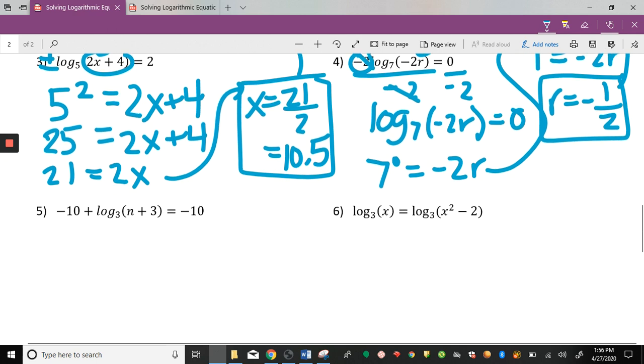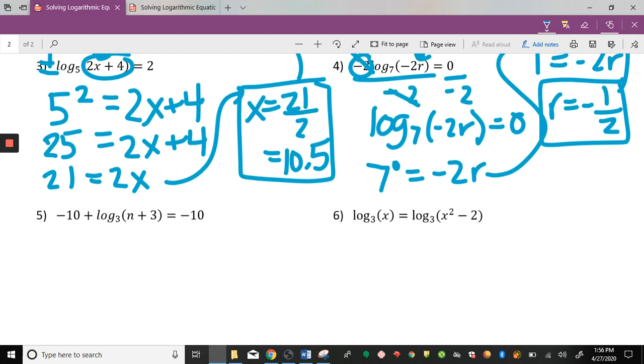So next ones. Very similarly, like number 4, there was a number out front of the log. And number 5, there's not a number out front, but there's a number added, technically subtracted, the negative 10. So you want to get that to the other side, just like you got the negative 2 technically to the other side by dividing. So we would add 10 to the other side using inverse operations. Those cancel.